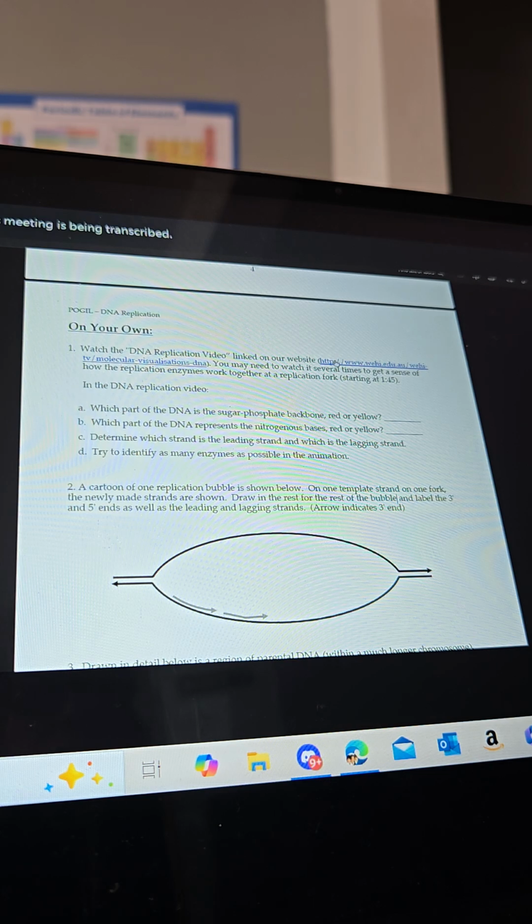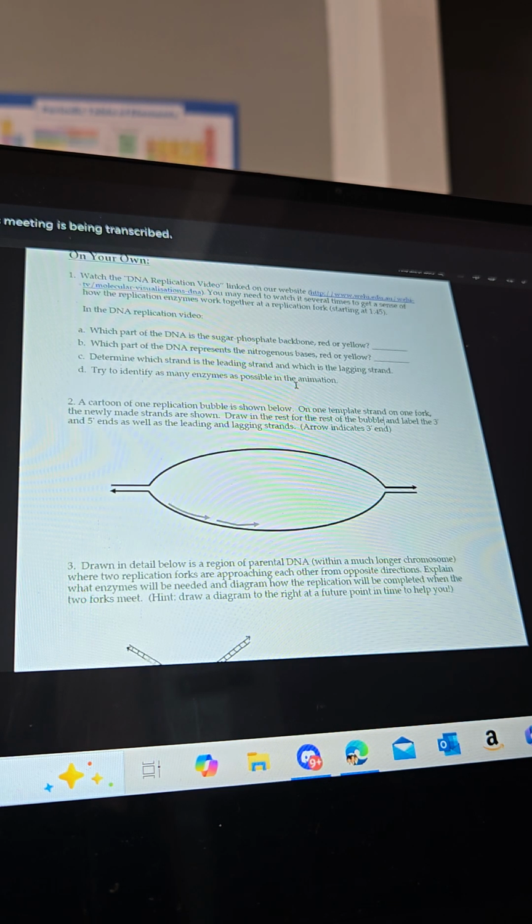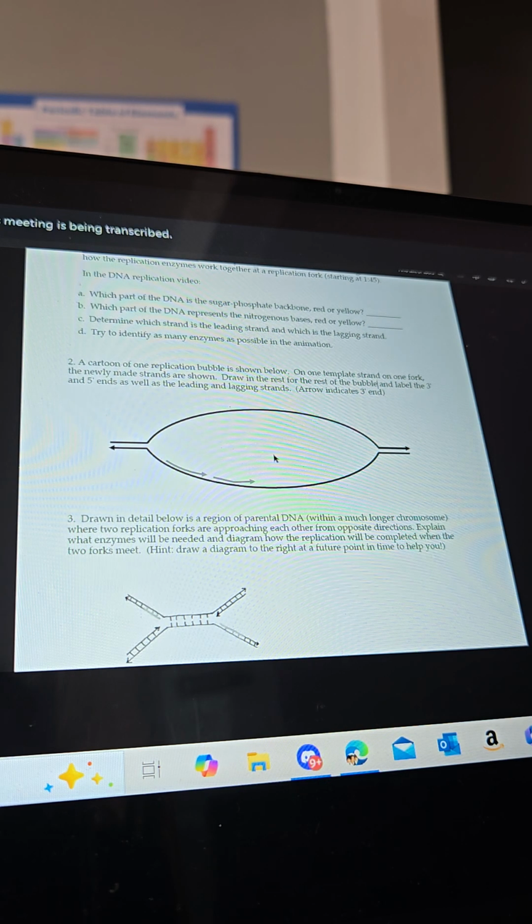You have to put molecular dash visualizations dash of dash DNA. Or they changed the link. You know how it is. No one can keep anything the same. Best part, I think I updated that link last year.